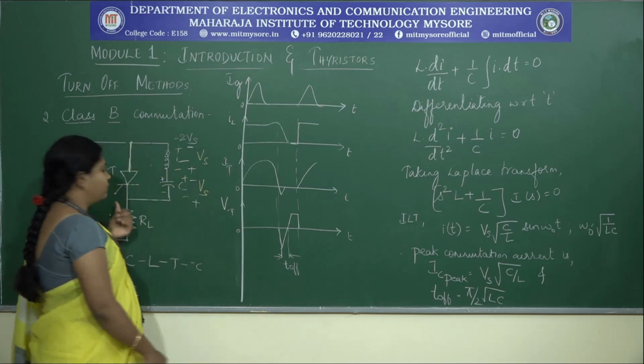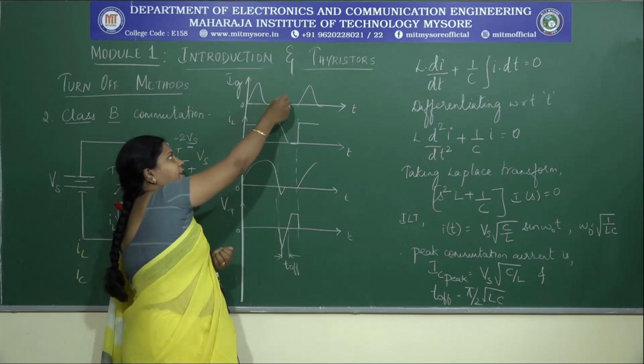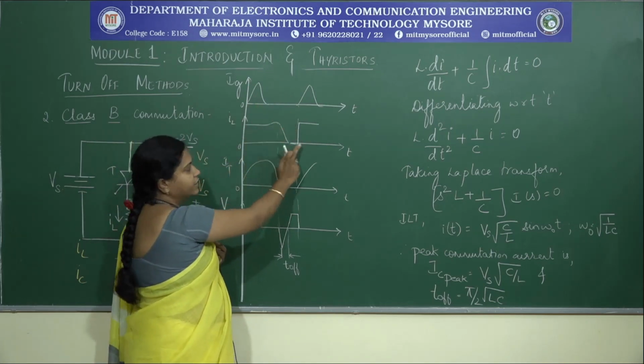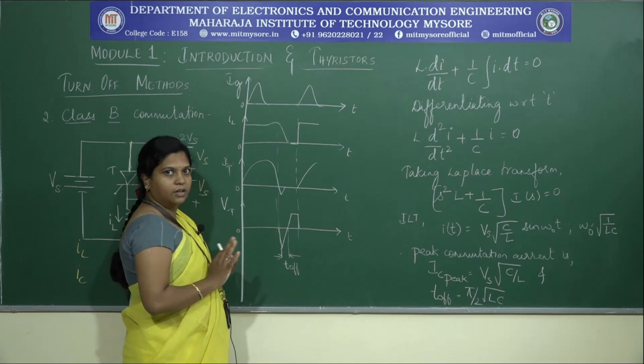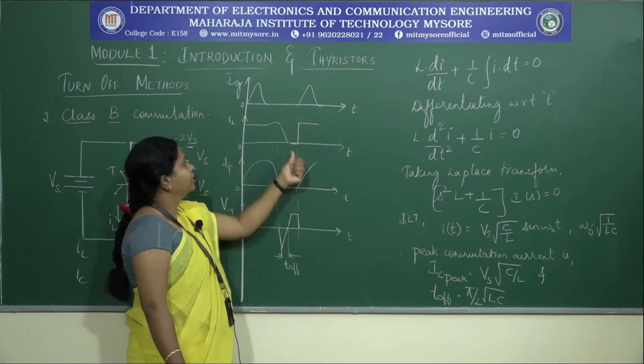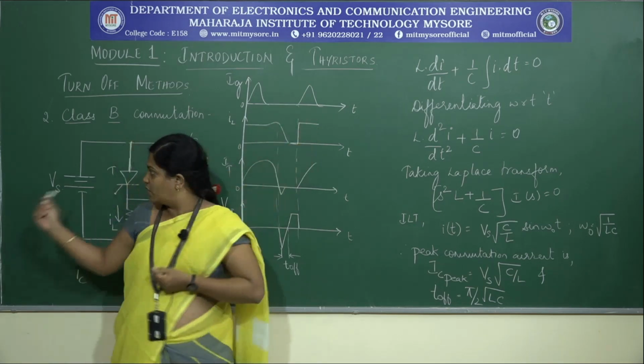Thyristor is off means we are not going to get any load current. We don't know at what instant of time we are going to turn off the thyristor. Somewhere it is going to be in its off state before the application of the next gate pulse. So when the next gate pulse is applied, again the thyristor will be in its on state.